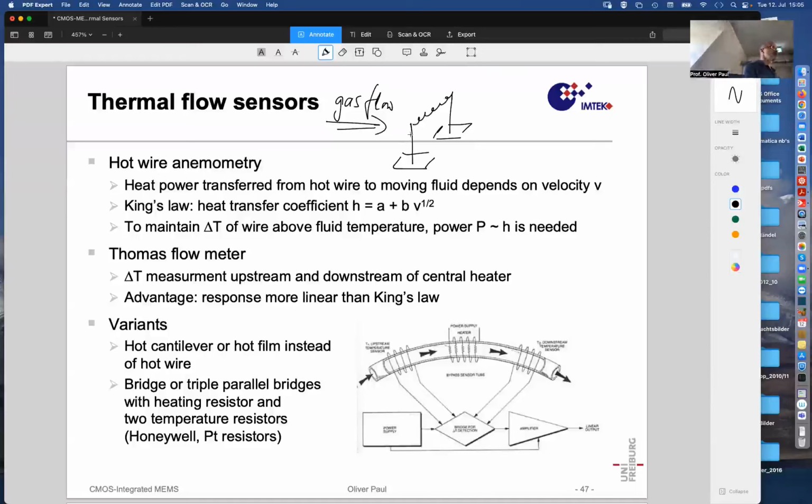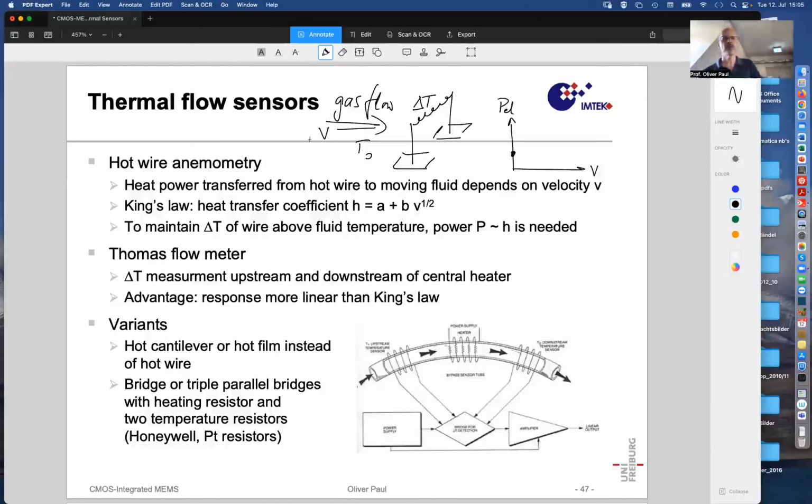So the power drawn away from that wire for a fixed delta T above the T0 of the surrounding gas, the power needed to maintain a delta T, is the electric power as a function of flow velocity.